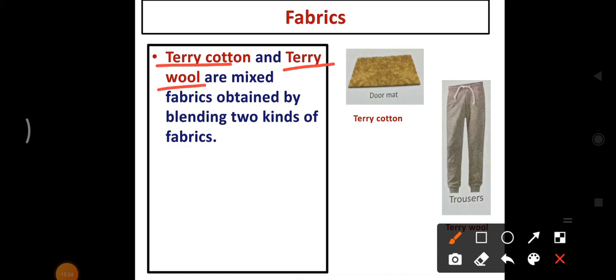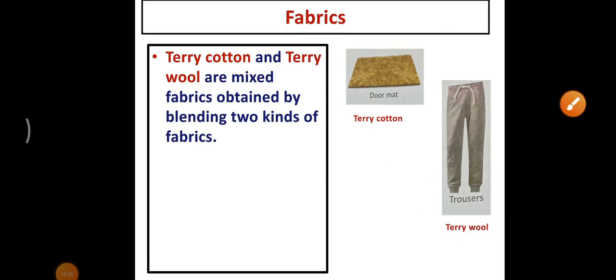When two fabrics are mixed, we get a new fabric such as terry cotton and terry wool. Terry cotton is used as a doormat, and using terry wool we can make trousers.